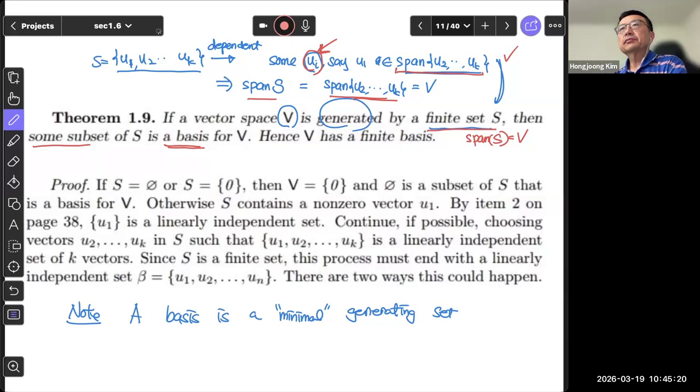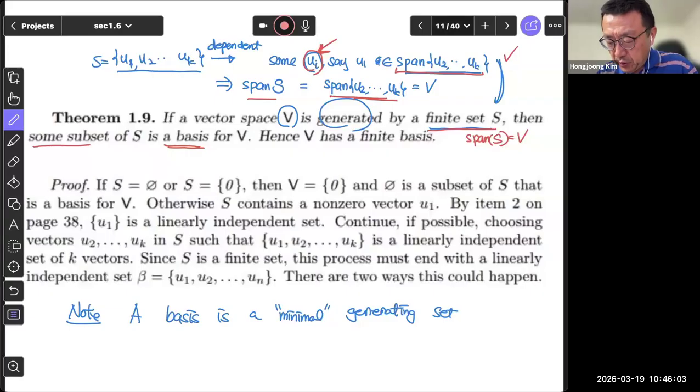So if S generates the whole space, you need to eliminate any redundancy until you have a set of linearly independent vectors. Now if you have a linearly independent spanning set, then that will be a basis. If you remove one more vector, then the remaining vectors will not generate the whole space.